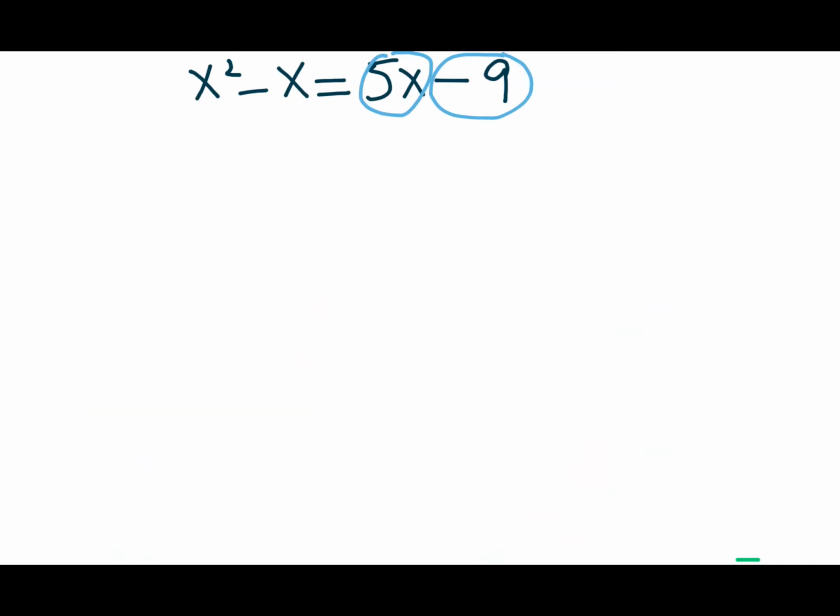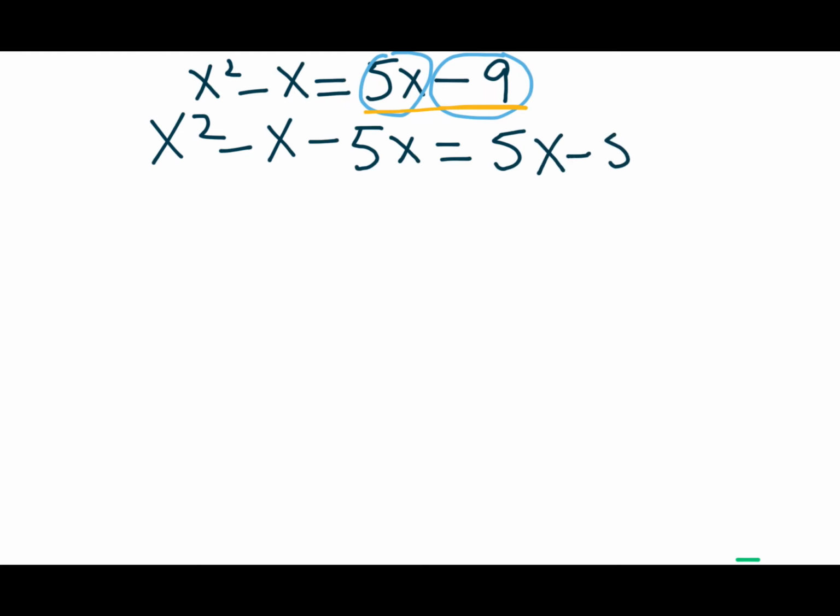So to get rid of 5x minus 9, first we need to subtract 5x from each side of the equation. So x squared minus x minus 5x equals 5x minus 5x minus 9.